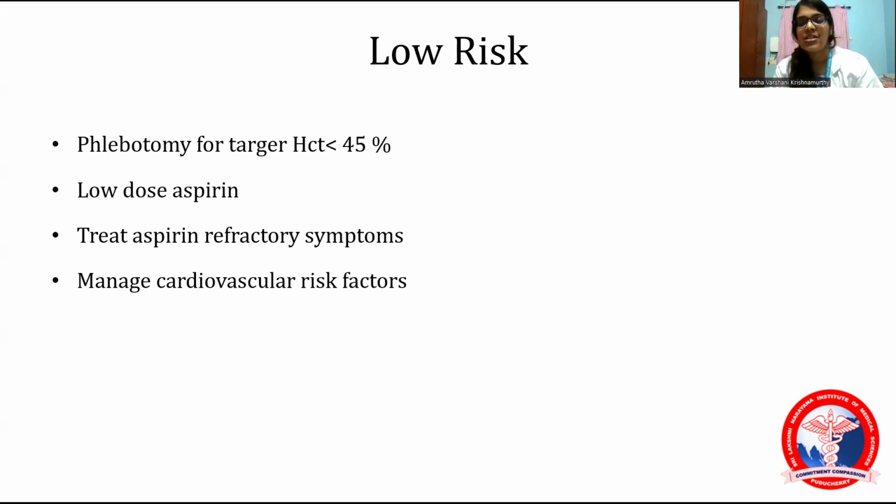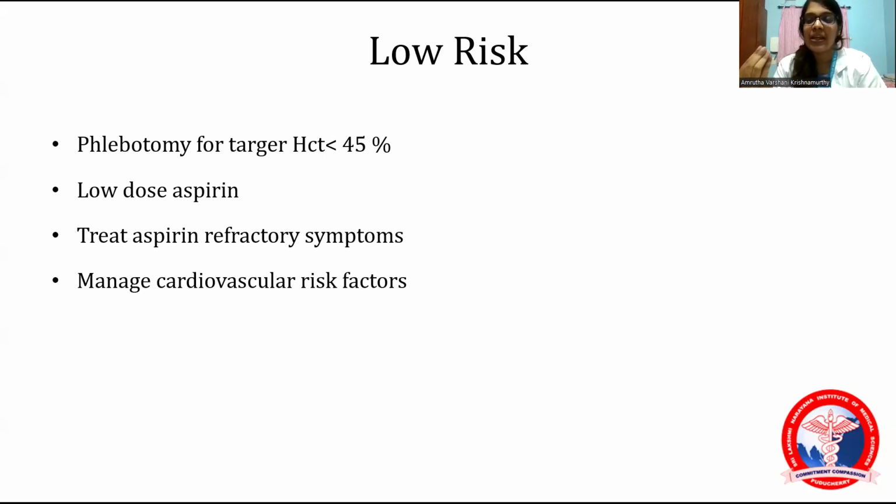For low risk patients, as we know, if a patient is having anemia, one of the treatments we consider is transfusing the patient with packed RBCs. In this case, there is an excess of RBCs and hemoglobin is very high. So we can do something called phlebotomy or bloodletting. There are some things you have to know about phlebotomy.